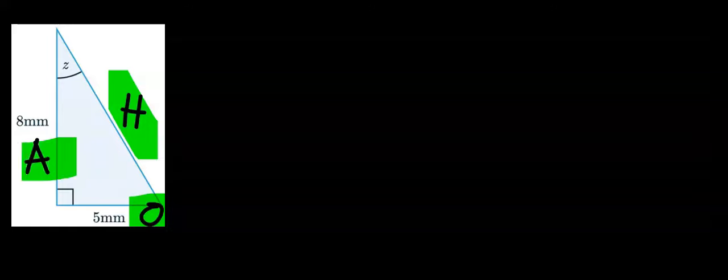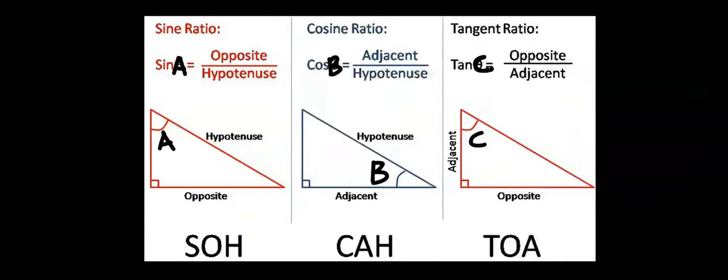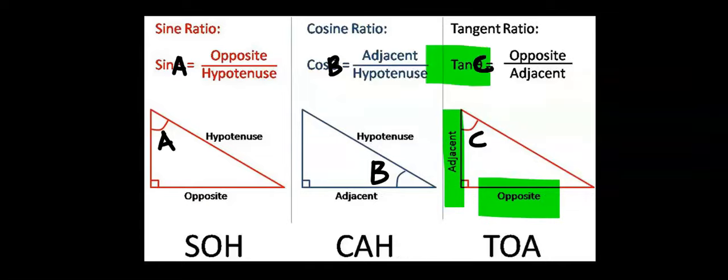Any remaining side is usually the adjacent. We have the adjacent and the opposite. When you have the opposite and the adjacent, we're going to use the tangent ratio, which is opposite over adjacent.